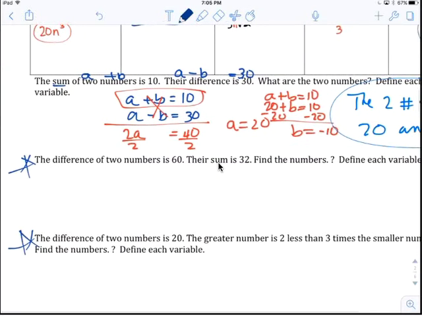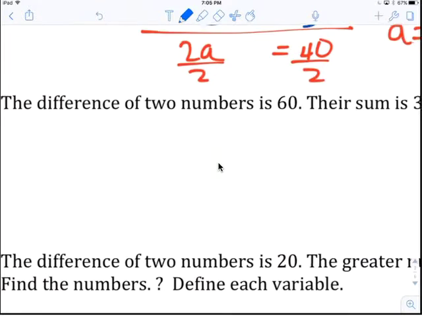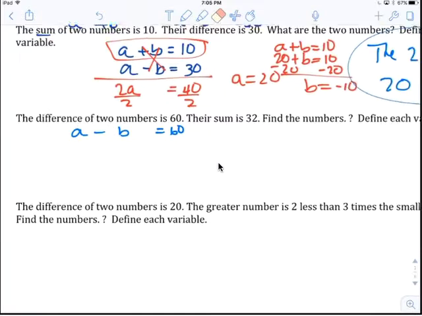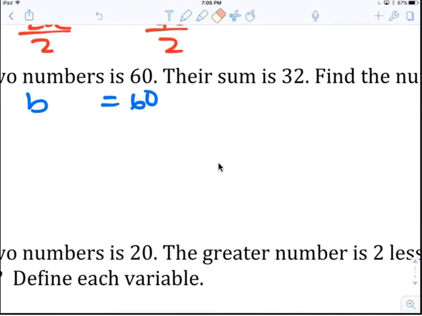Okay, the difference of two numbers is 60. Difference means subtract the two numbers. A minus b is 60. Their sum, when you add them, a plus b is 32.